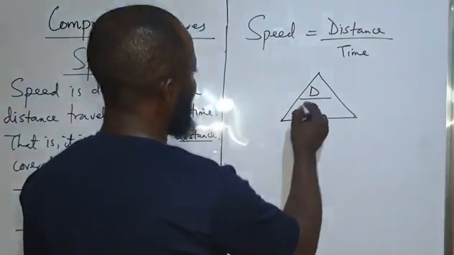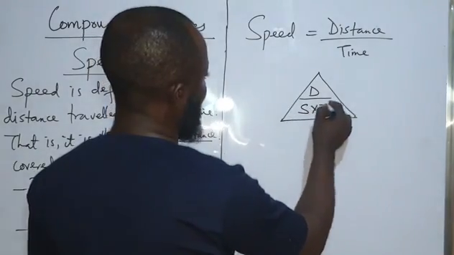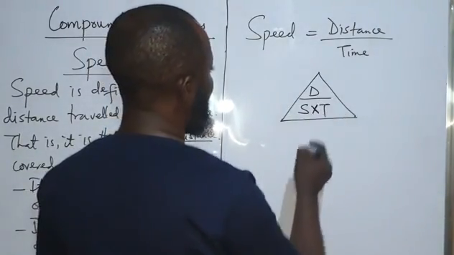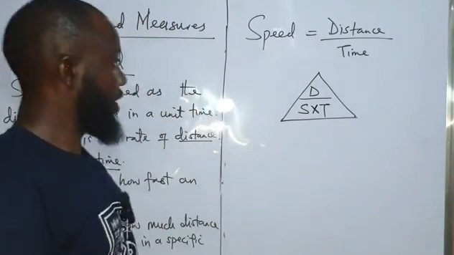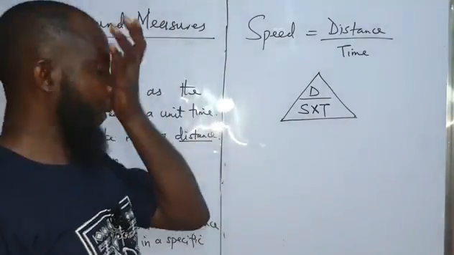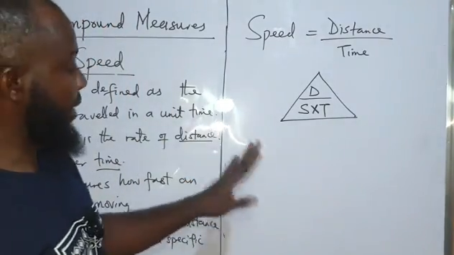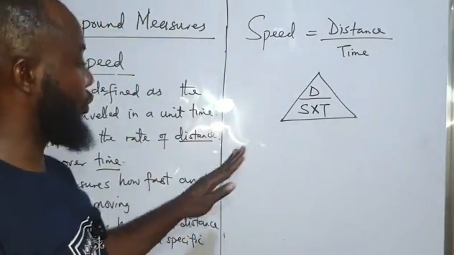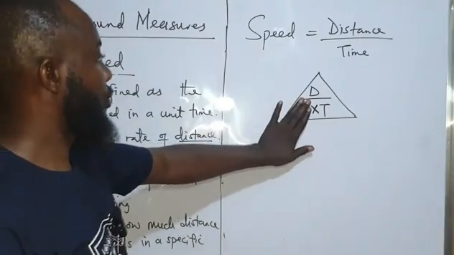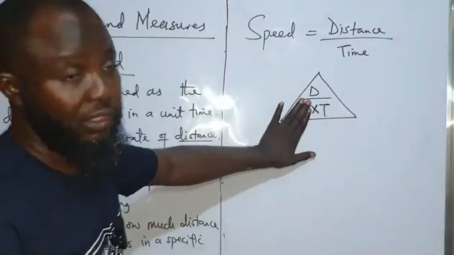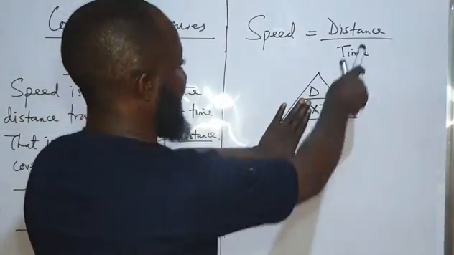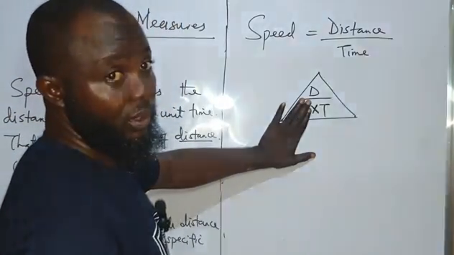Then I will have speed multiplied by what? Time. Now, if we want to find speed, just cover the aspect you are looking for. Use your hand to cover it. So we are looking for speed. What do we have left here? Distance divided by time.